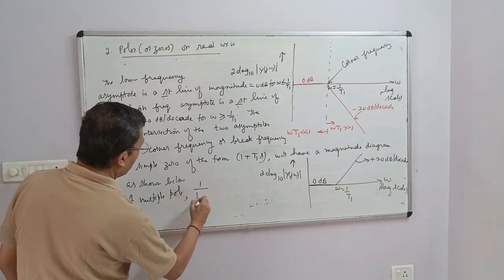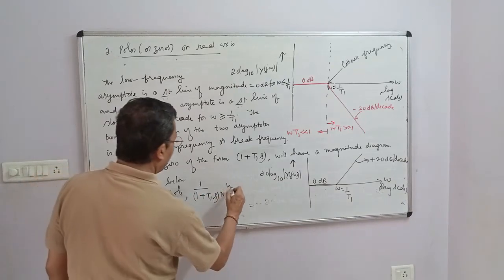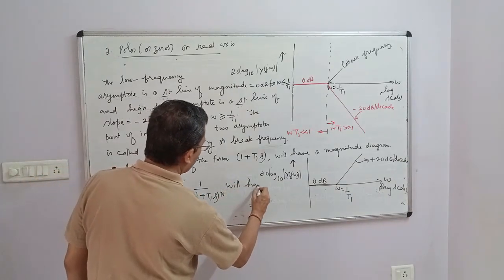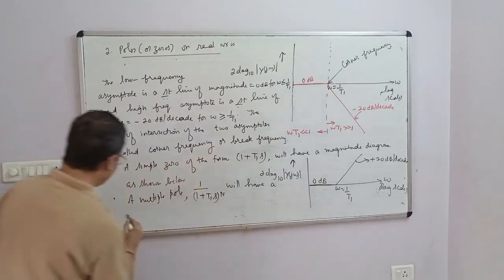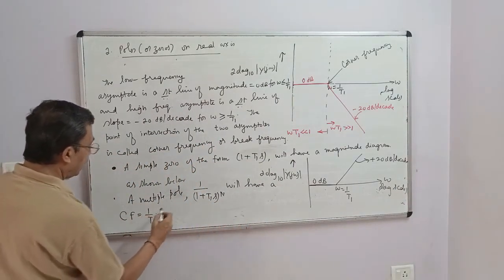Next is a multiple pole, 1 over (1 plus T1s) to the power n. It will have a corner frequency, CF is the short form for corner frequency, equal to 1 by T1.